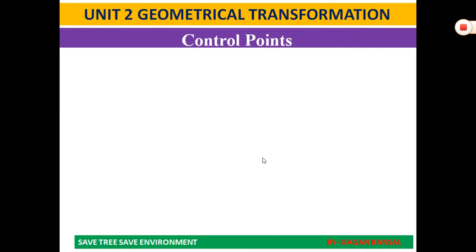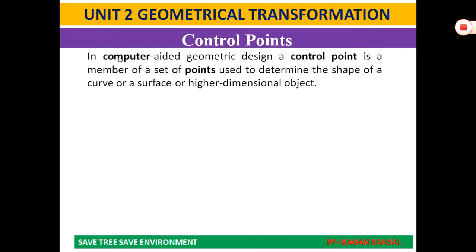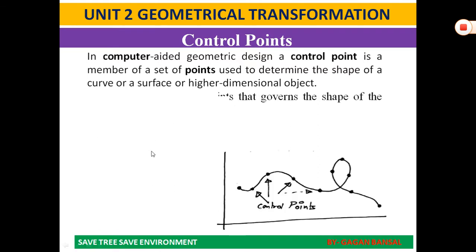First of all, control points. In computer aided geometric design, a control point is a member of a set of points used to determine the shape of a curve or a surface or higher dimensional object. Many times control points are the coordinates of any geometry, or we can say coordinates of any curve.